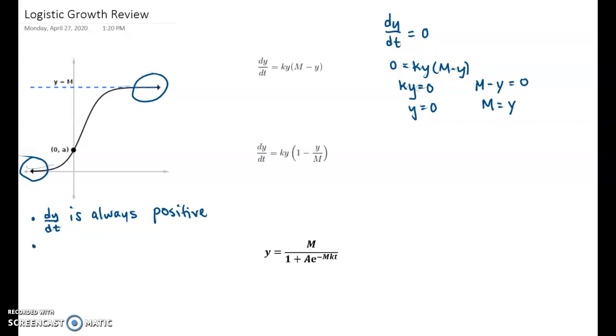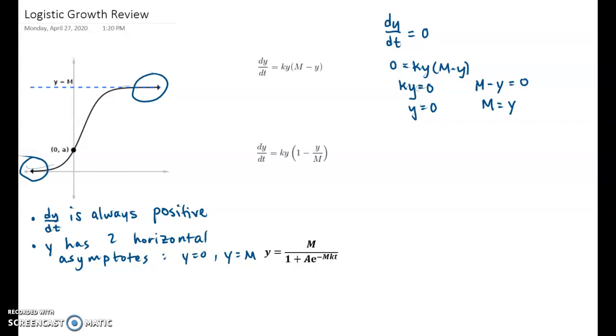And y has two horizontal asymptotes. One of them is at y equals 0, and the other one is at y equals m, the carrying capacity for this population.